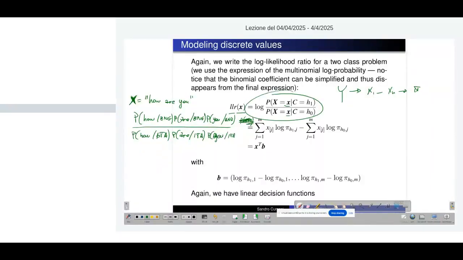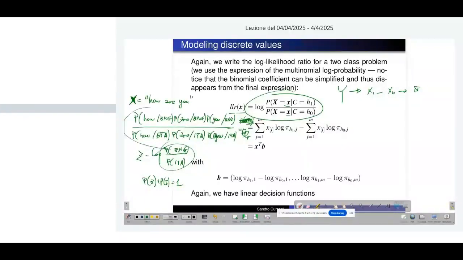We can compute a log likelihood ratio, and then compare this with minus the prior log odds of the two classes. Notice that we have P of English plus P of Italian equal to 1 in this case. And it's a prior probability, so somebody needs to tell us, depending on the task, what the prior probability is.